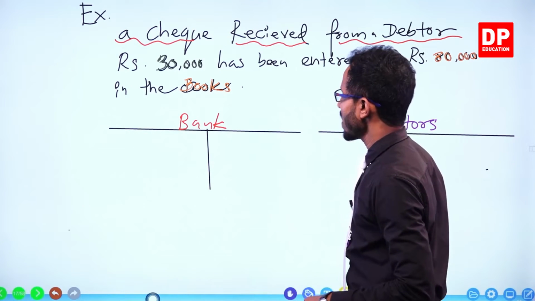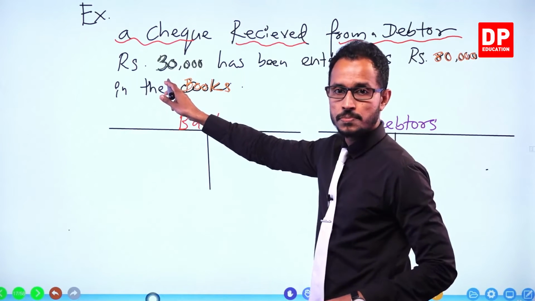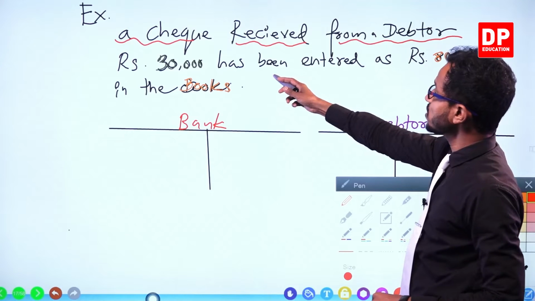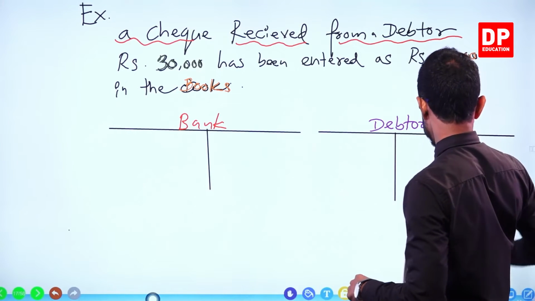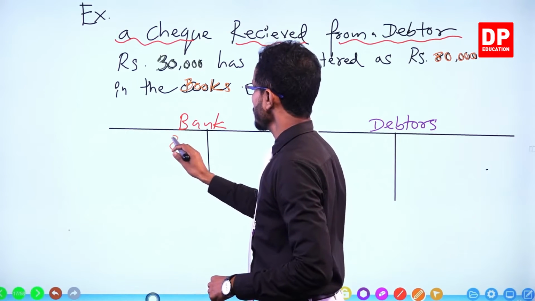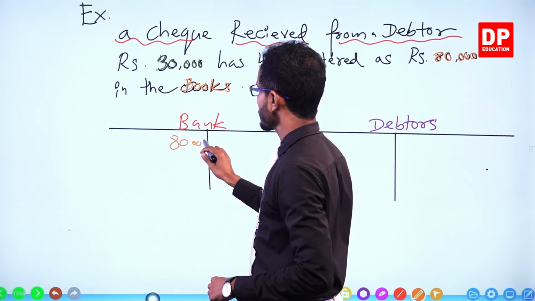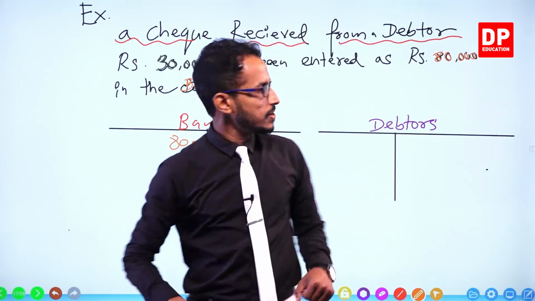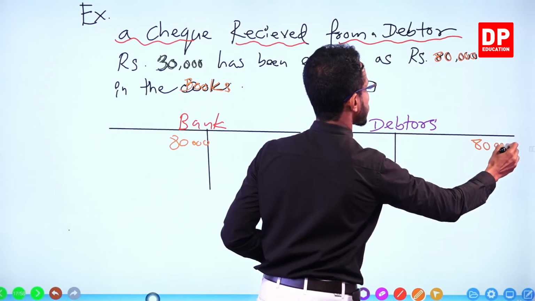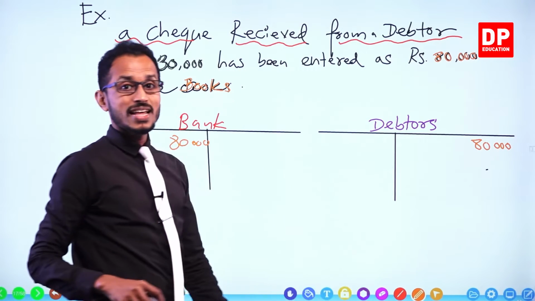Bank should be debit 30,000. But how much was entered? 80,000 was entered. 80,000 debit. Debtor's account 80,000 credit. That is the error.